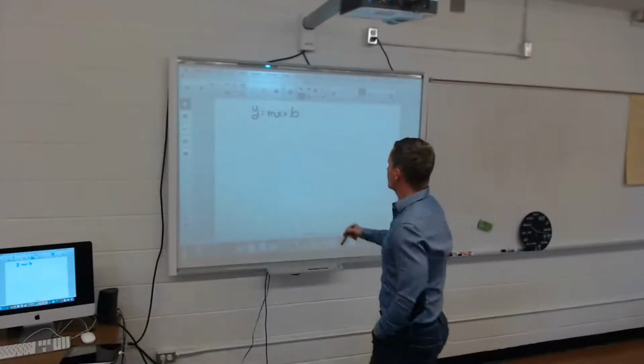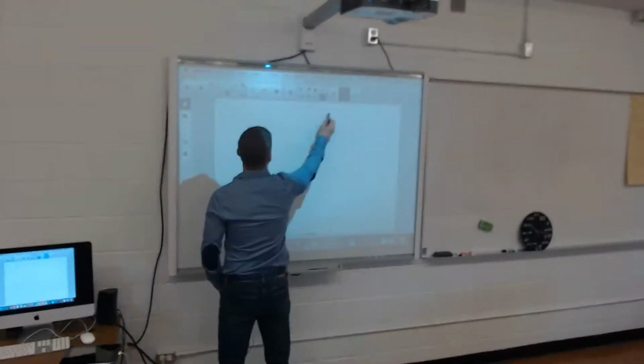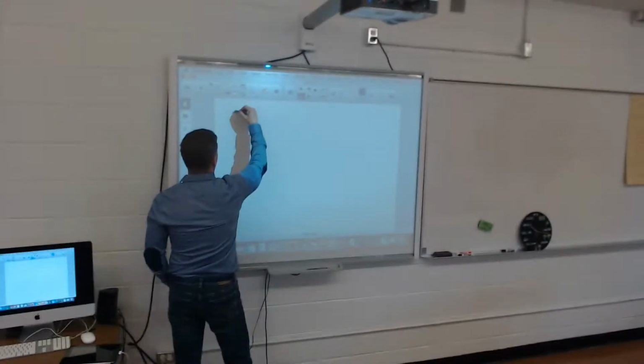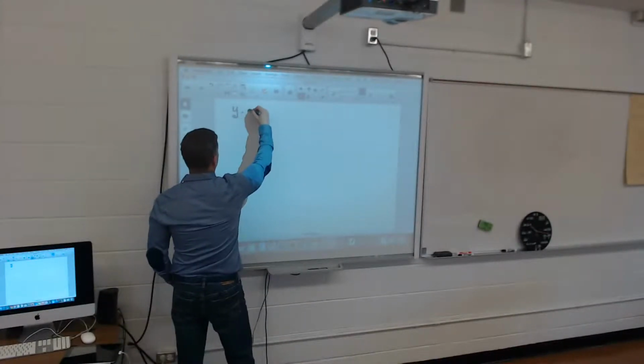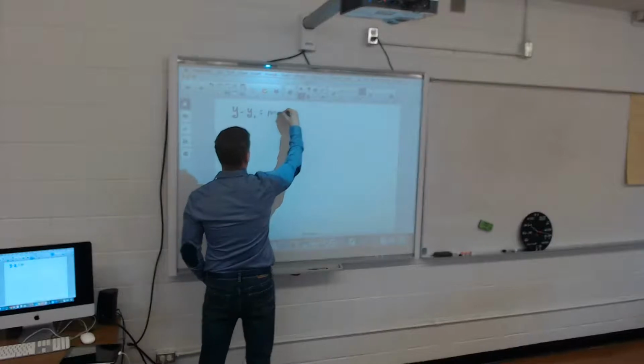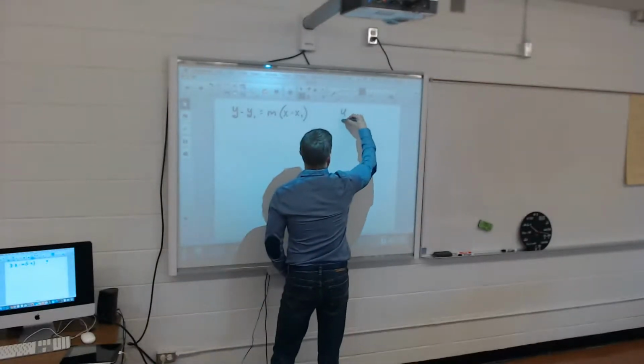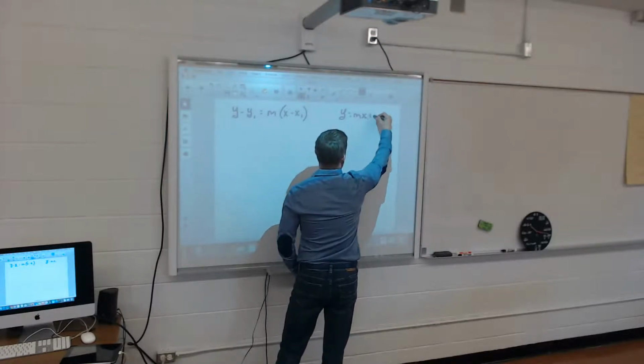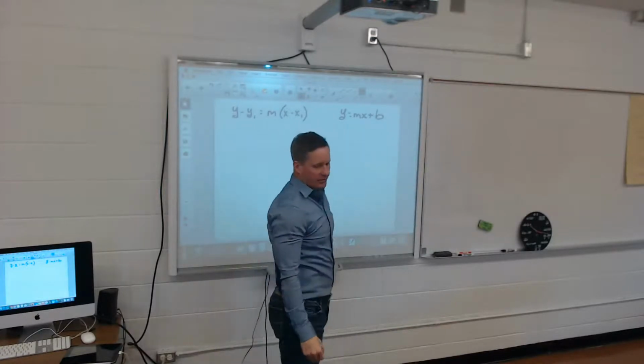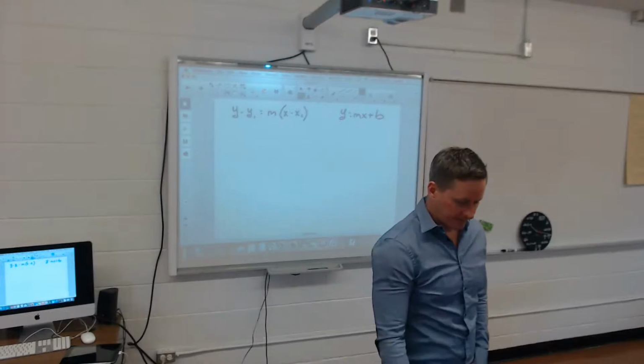Okay, so let's do slope point form first. So that is y minus y1 equals m(x minus x1). And then we'll do y equals mx plus b. And then we'll turn them both into general form.